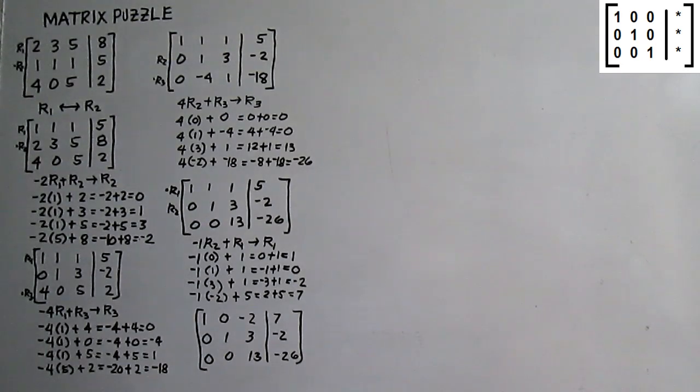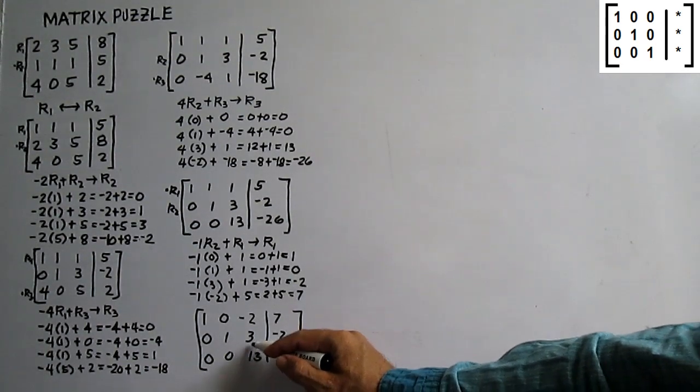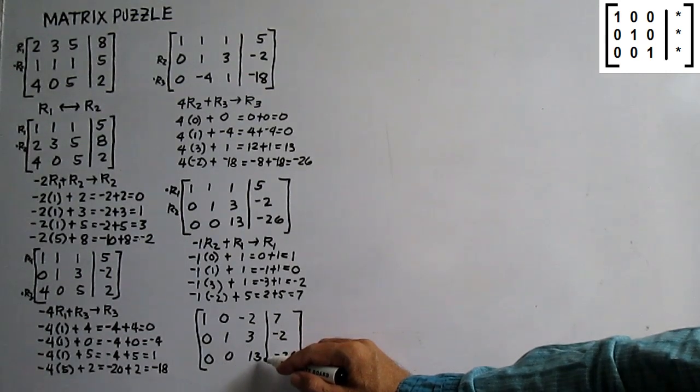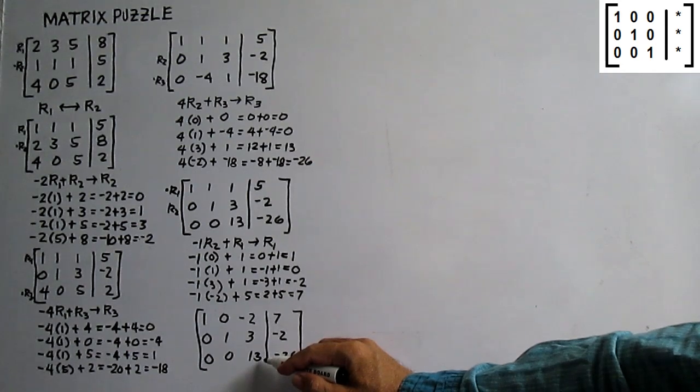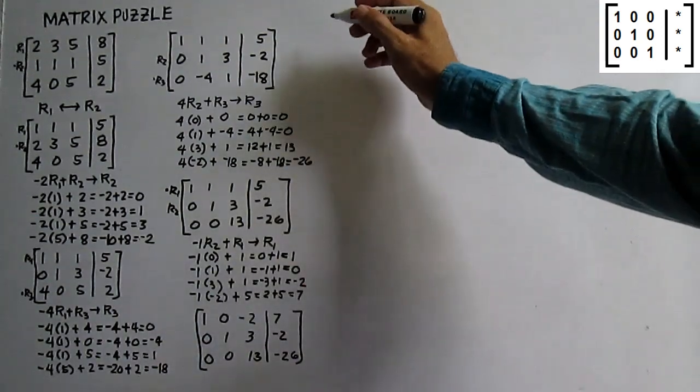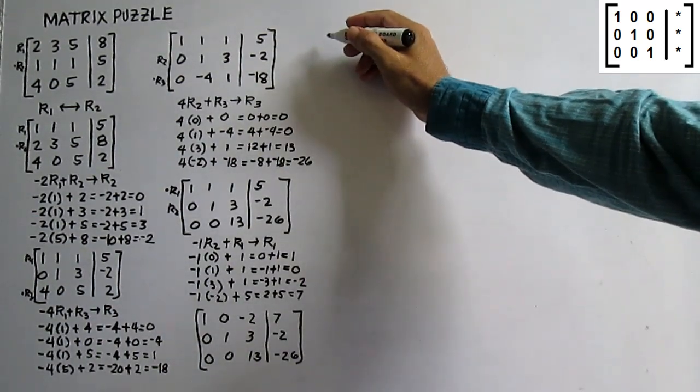Let's make row 3, column 3 equal to 1. This is the reciprocal of 13, 1 over 13. 1 over 13 times 13 is equal to 1.